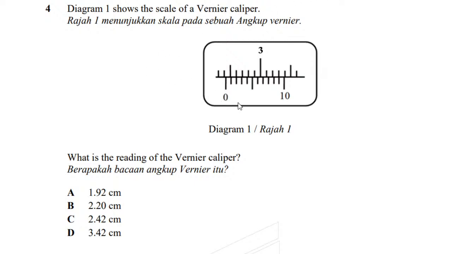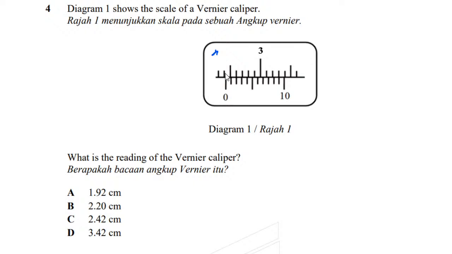Alright, to read from a vernier caliper, first you need to look at the scales. The vernier caliper has two scales. Up here is the main scale, and down here is the vernier scale. First, you need to determine the reading of the main scale.